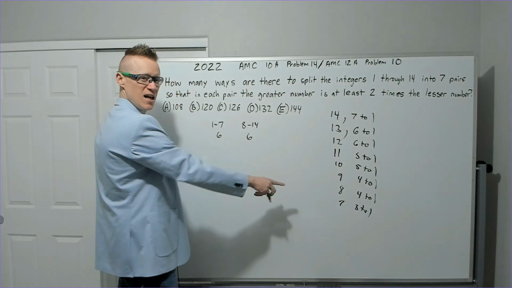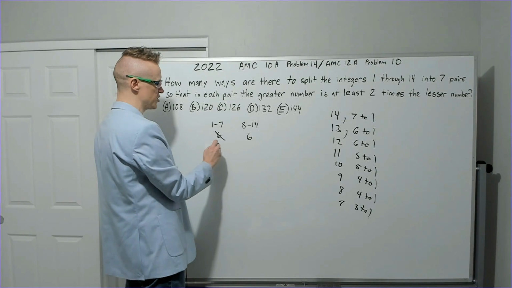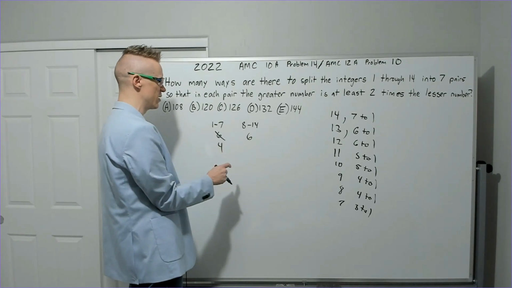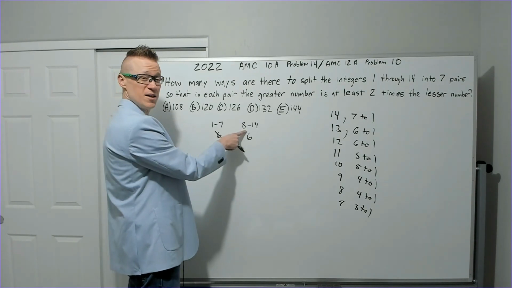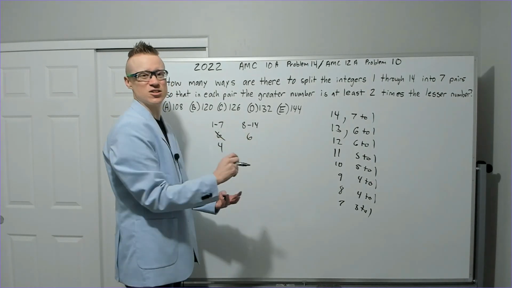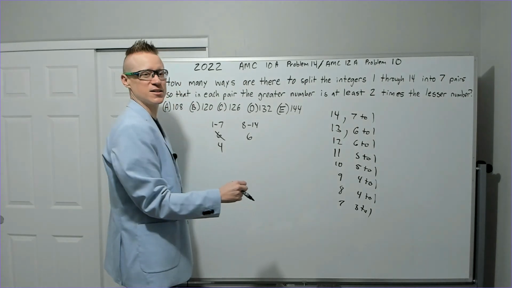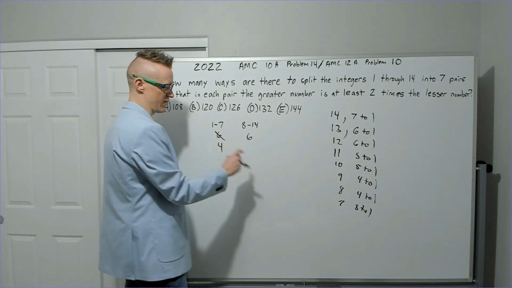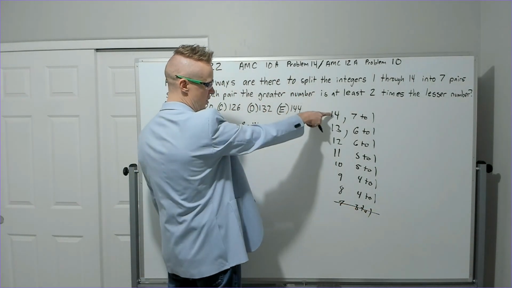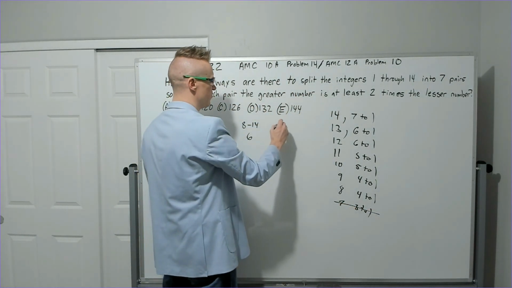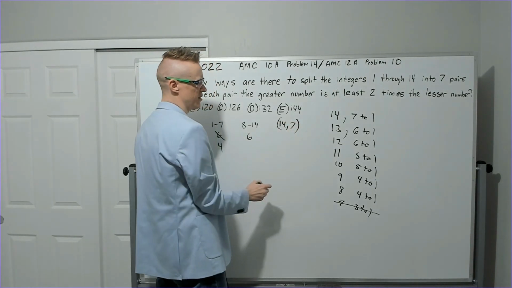By pairing 7 with the 3 to 1, you take away 2 of these, and now there's only 4. All 6 of these cannot pair with 4 of those, which means one of them has to pair with something in this group. And that's not possible, so we know that 7's going to have to go not here, but it's going to have to go with the only one it can go with, 14. So 14's going to go with 7.